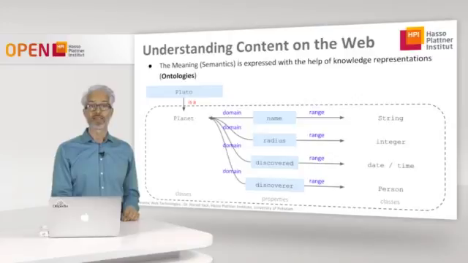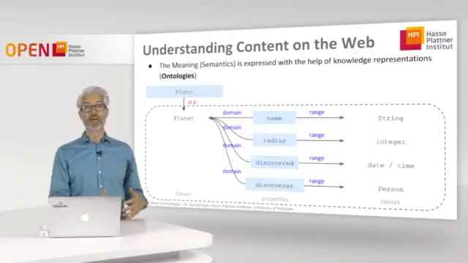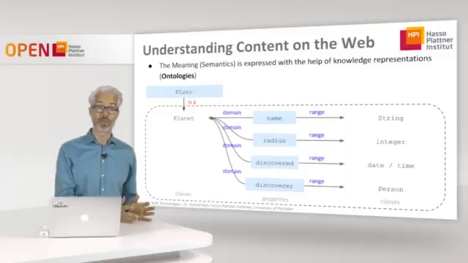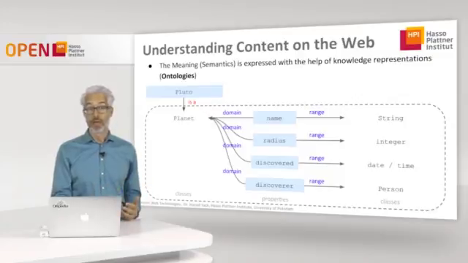And of course, if it has been discovered and the discovery has been recorded, then there must be a person who has discovered this planet. So we have a property called discoverer, which has the range person. With this information again, we can explain what Pluto is, what a planet is.